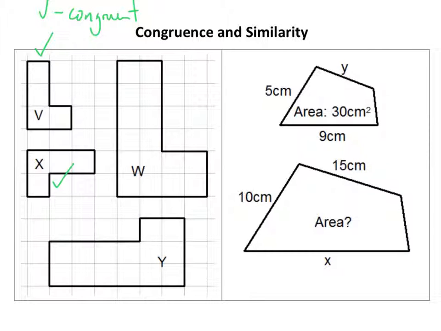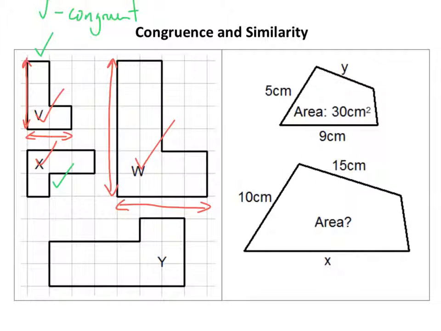So similar shapes, well, V and X are congruent, aren't they? Could go with W. Now, that's because if you look here, this is 2 and this is 4. And there's 3 high, and this one is 6 high.